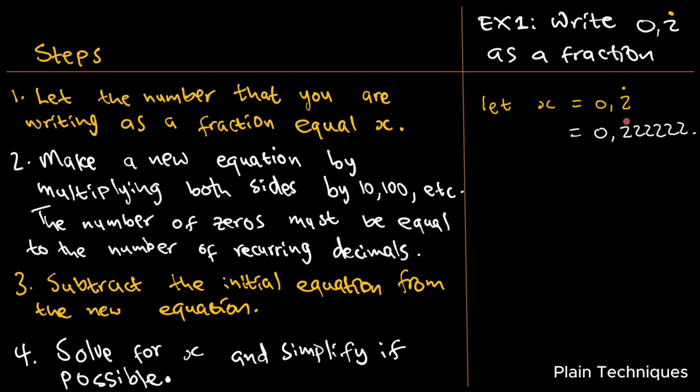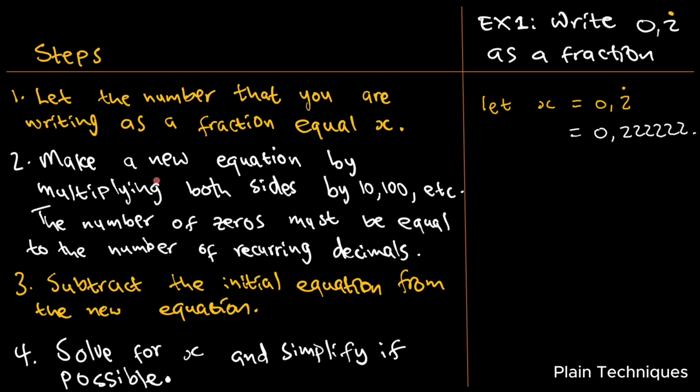So 2 will repeat. That is what recurring means. So it will repeat and it's ongoing, it does not end. All right. So that's how you can write 0.2 with a dot on top. Now we managed to execute the first step. So let x equal the recurring decimal you are trying to convert to a fraction.